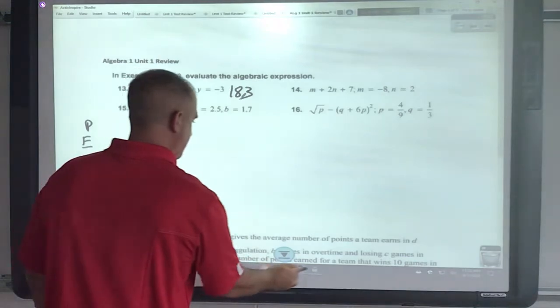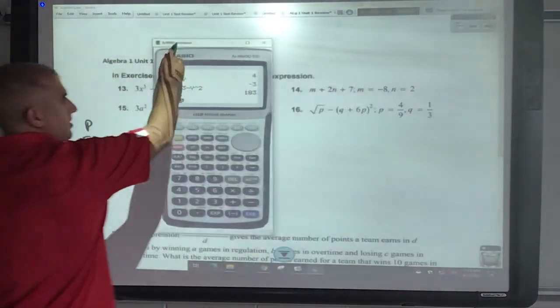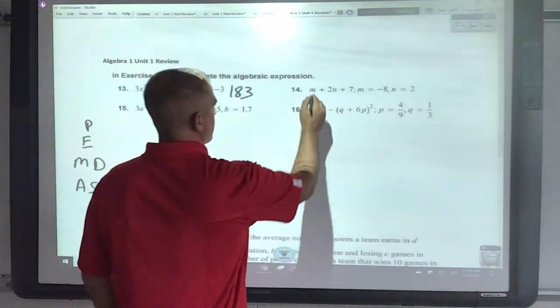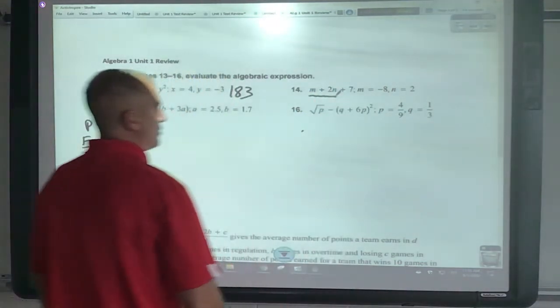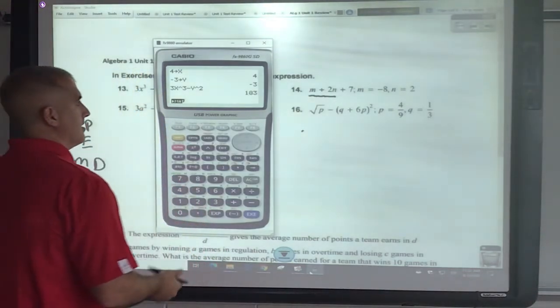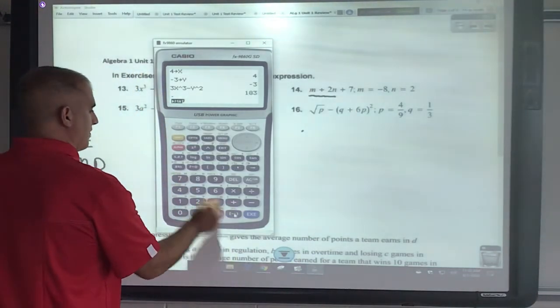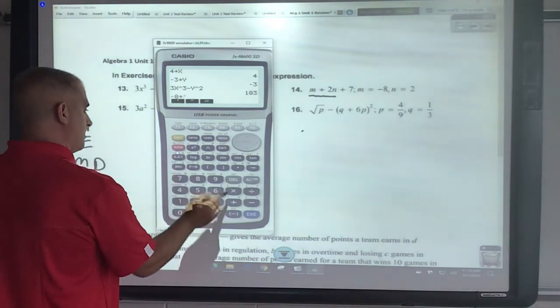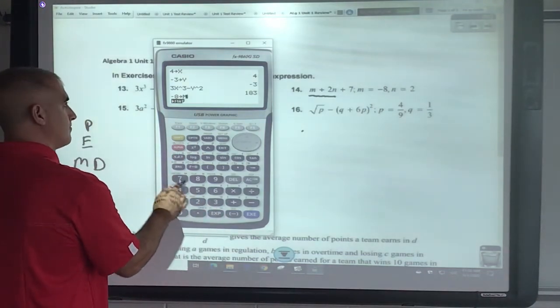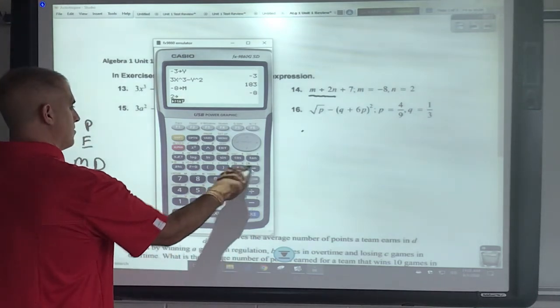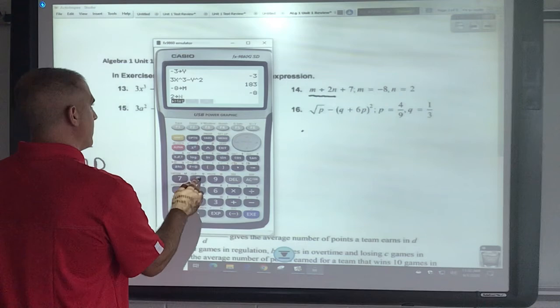For 14, we would want to do this operation first. So let's do -8, arrow, alpha m, execute, and we got n is 2, so 2, arrow, alpha n, execute.